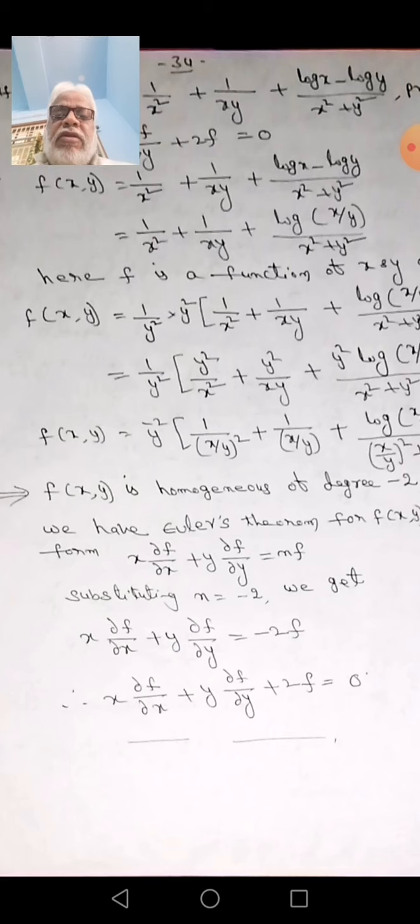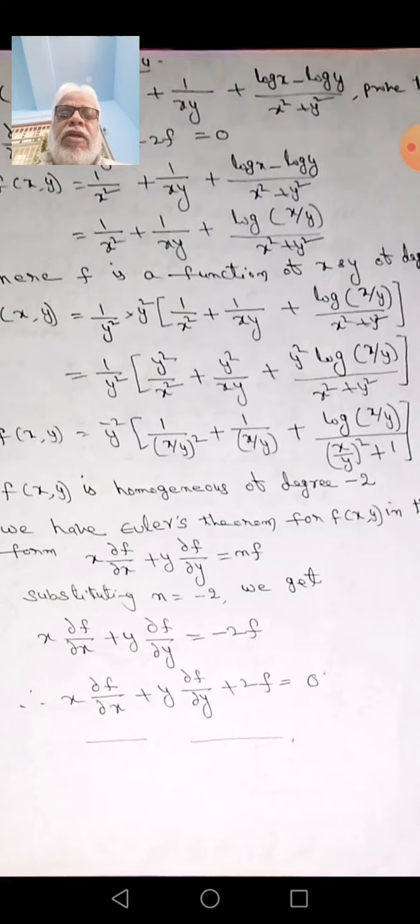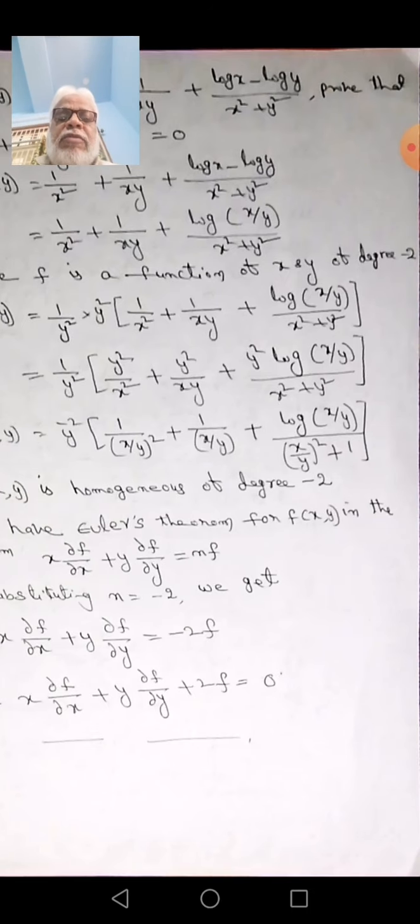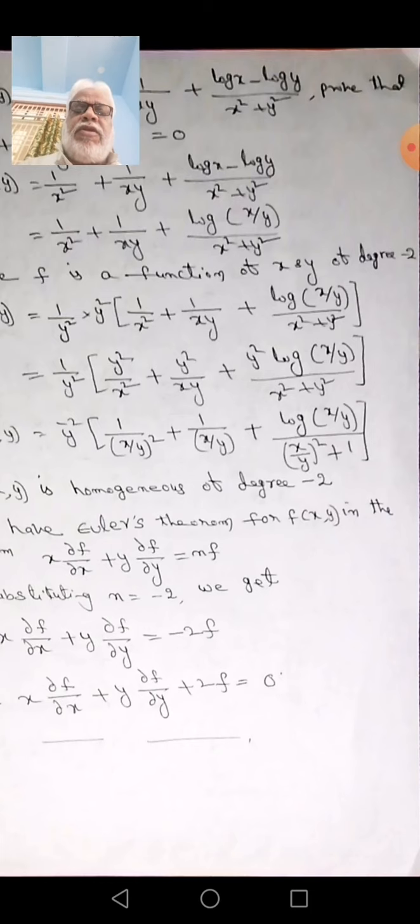It means we are just simplifying the expression, not differentiating here. 1 multiplied with y² into y², (1/x² + 1/xy + log x/(x² + y²)). So 1/y² common, y² goes inside the bracket in the numerator: y²/x² + y²/xy + y² log x/(x² + y²). So 1/y² becomes y to the power minus 2.